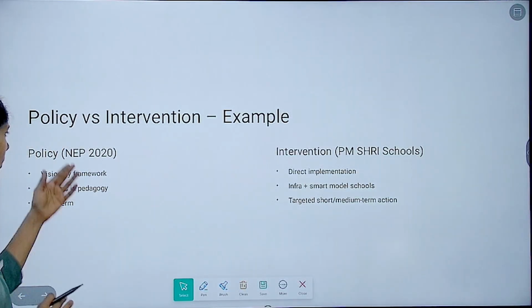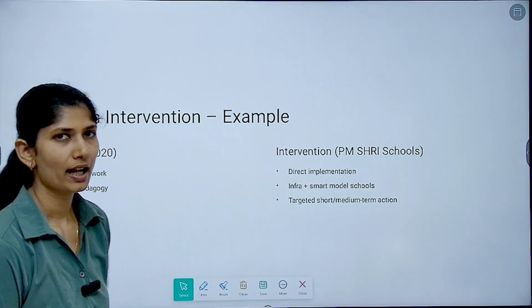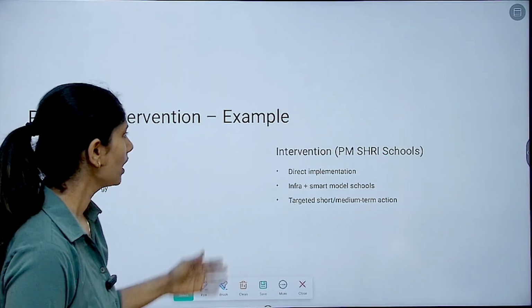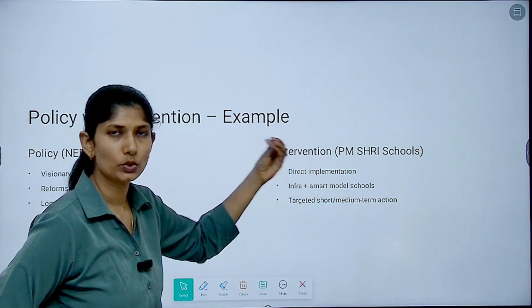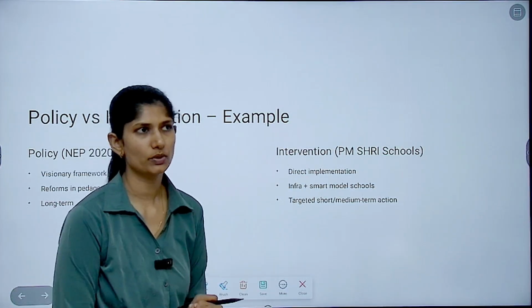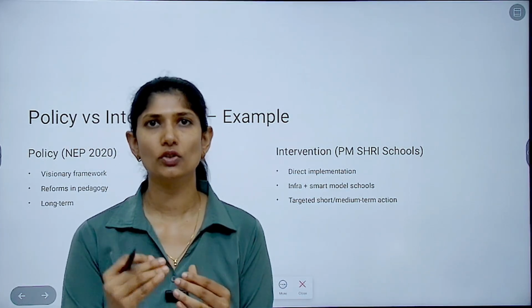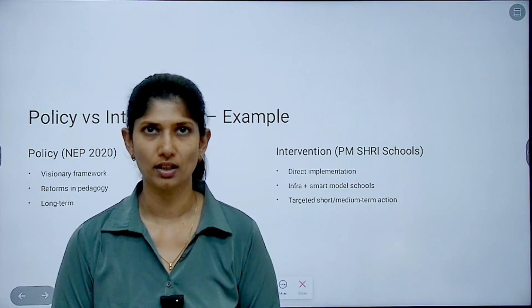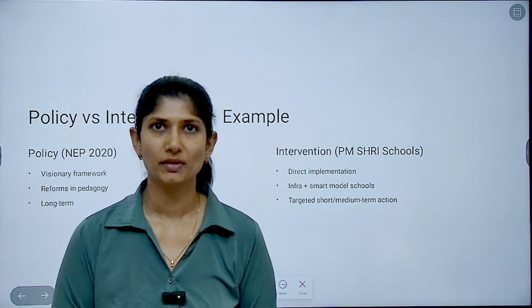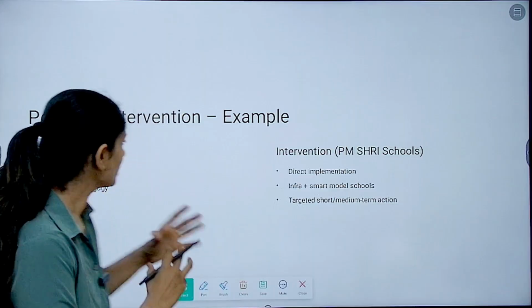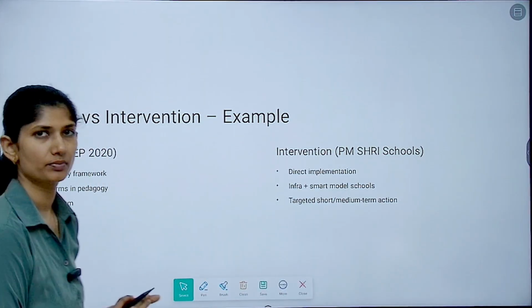So this is what we discussed, NEP 2020, and one example is your PM Shri school, where the whole gist is about creating an education for the 21st century which is viable. So this is the bigger broad picture.